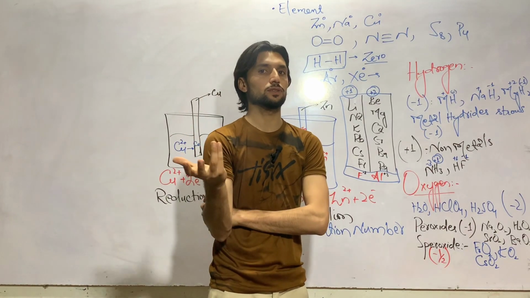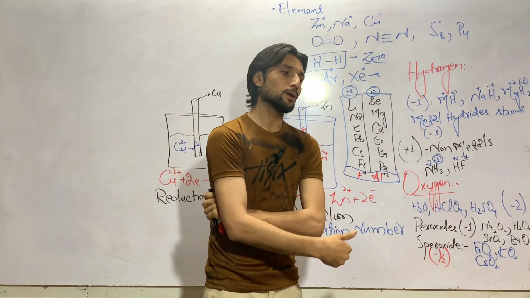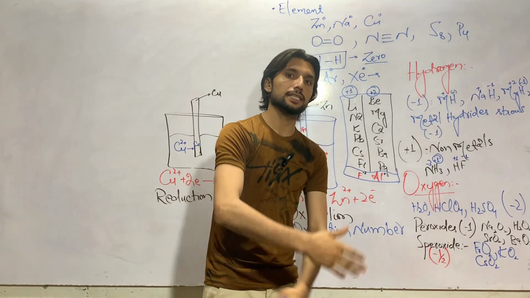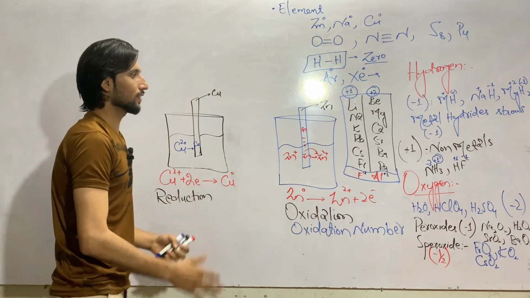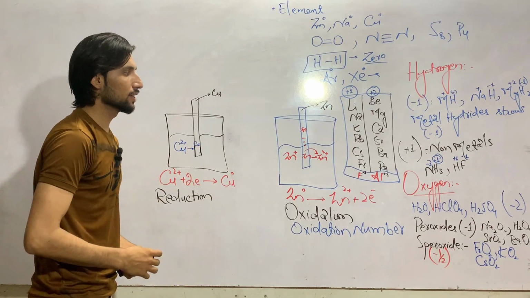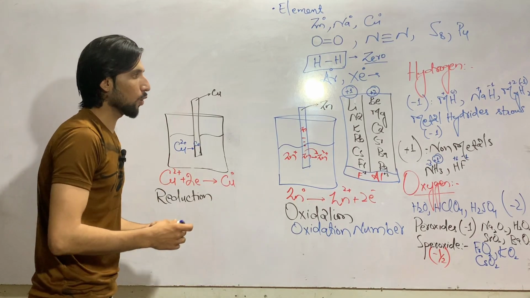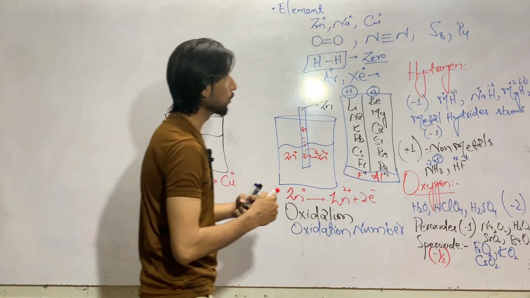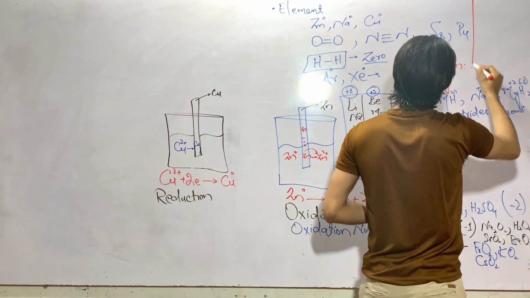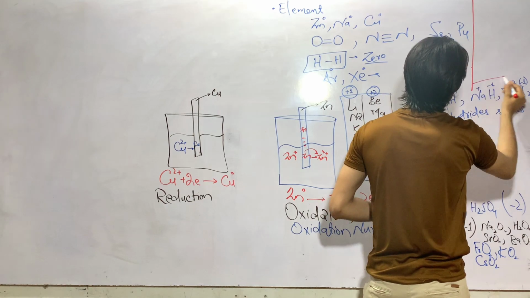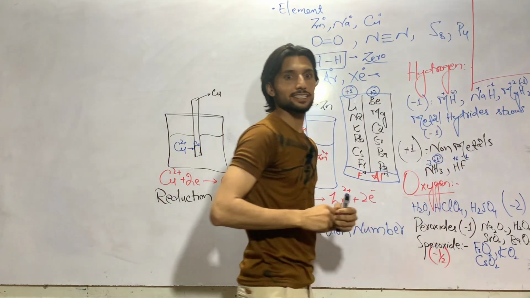It can show different oxidation states depending upon which element it is attached to. Now the question is to find the oxidation state of chlorine in HClO4. I will do it over here. Should I do it over here? Okay, I can give it a try. Is this part visible?